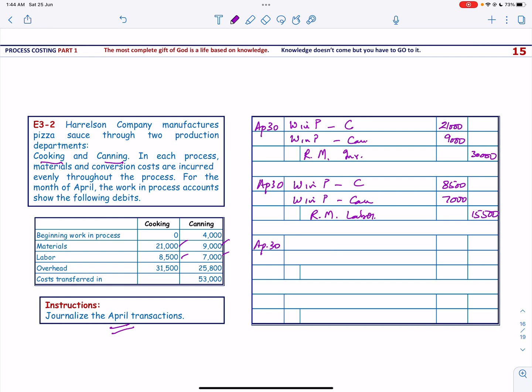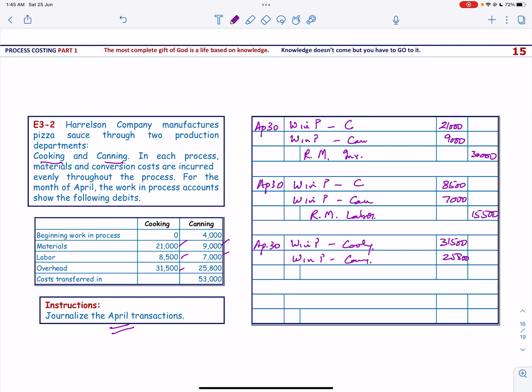Next we go for the manufacturing overhead, that is for work in process for cooking is 31,500 and for work in process canning is 25,800.